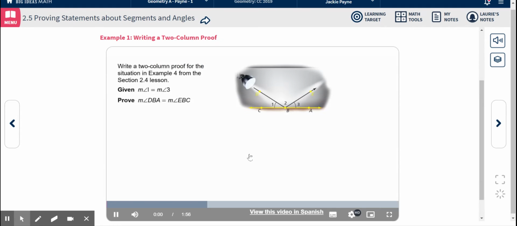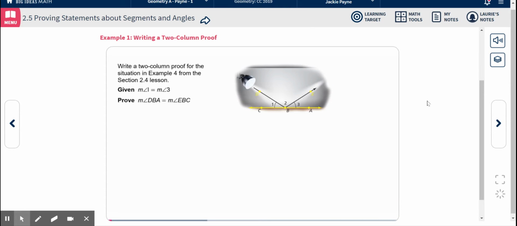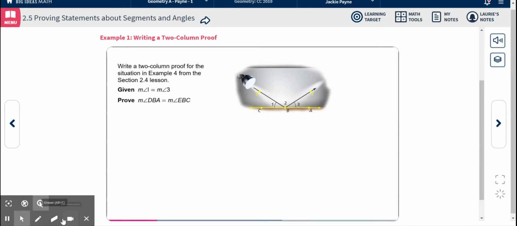Write a two-column proof for the situation in example 4 from the section 2-4 lesson. In the example you were given, the measure of angle 1 is equal to the measure of angle 3, and you need to prove the measure of angle DBA is equal to the measure of angle EBC. A two-column proof has numbered statements and corresponding reasons that show an argument in a logical order.